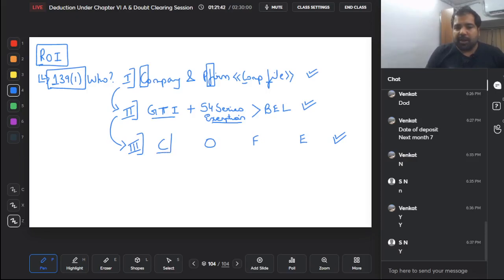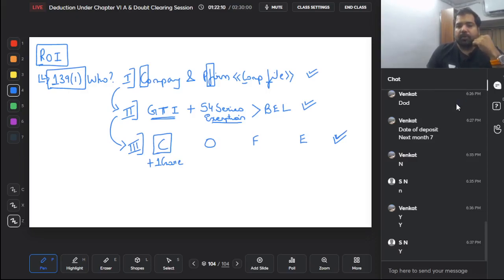If in your current account, you have more than 1 crore rupees deposit in your current account. Example, you saying that you don't have any income, then how come in your current account someone has put more than 1 crore rupees, either from other bank account or cash, whatever it is, but more than 1 crore rupees in your current account? Then the government wants to know, file your return.